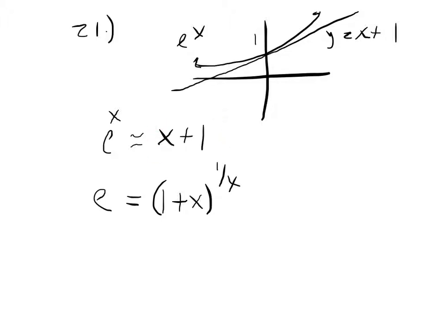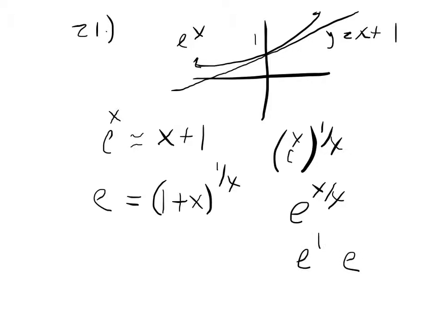If I take the 1 over xth root of each side, this side's going to match up: I've got the 1 over xth root of x plus 1. And if I take the 1 over xth root up here, I'd simplify, and that's going to get me down to e. In writing, e to the x to the 1 over x goes to e to the x over x, e to the first, which is e. And clearly all I've done on the other side is take the 1 over xth root, and I'm done.